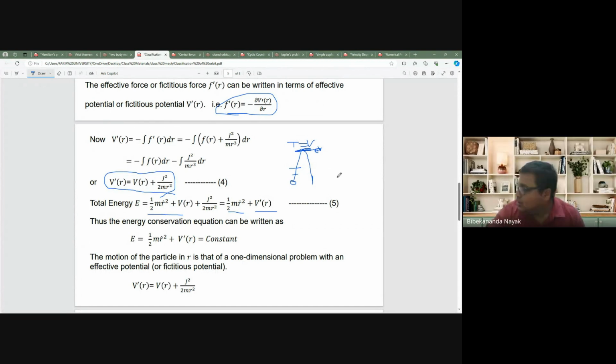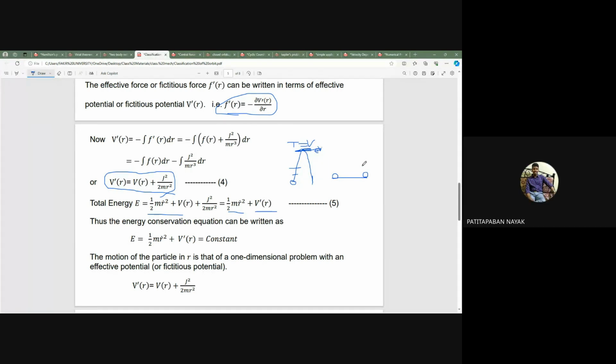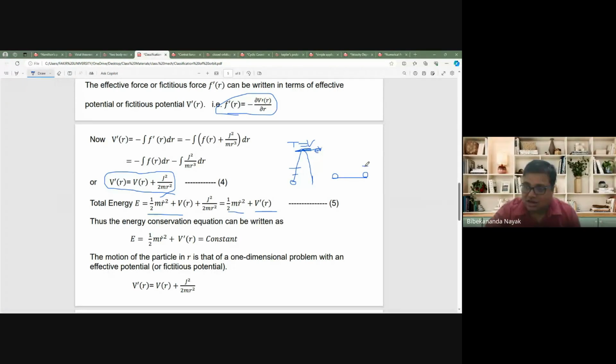Another situation: suppose I am rolling a ball on the floor. After covering some distance, it will stop here. So what happens here? Due to friction, which opposes the motion like gravitation here.